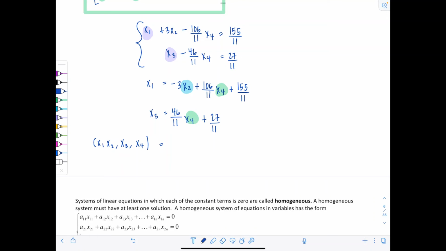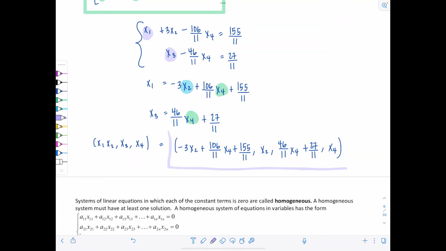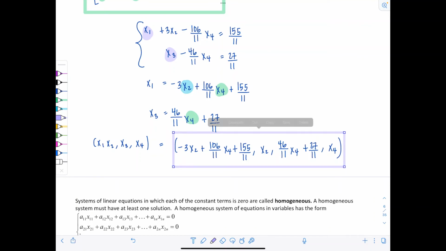Okay, so x1 is equal to negative 3x2 plus 106 over 11 x4 plus 155 over 11. x2 is a free variable. x3 is 46 over 11 x4 plus 27 over 11, and then x4 is another free variable. So notice here we're going to have infinitely many solutions, yes? Okay, see, we survived. It wasn't the end of the world.